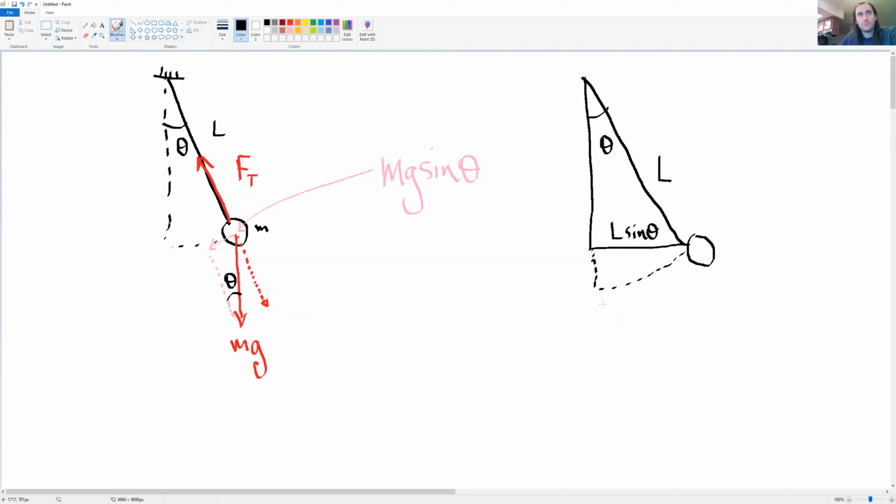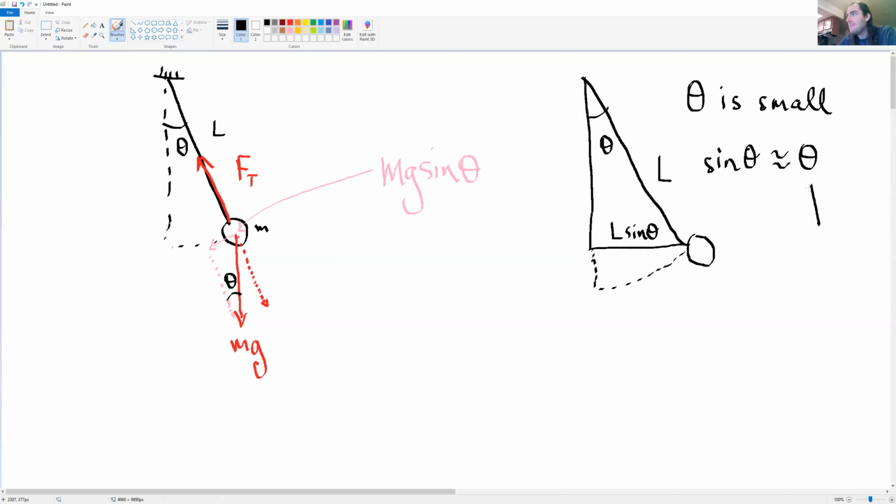Now, what I'd like to do is assume that theta is small. When theta is small, sine theta is approximately equal to theta. Your book has a table of values comparing theta in radians with sine theta.